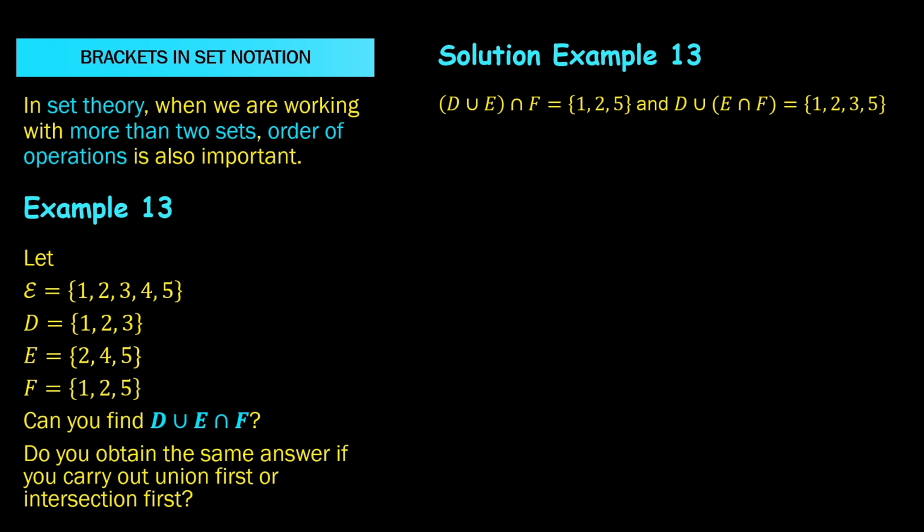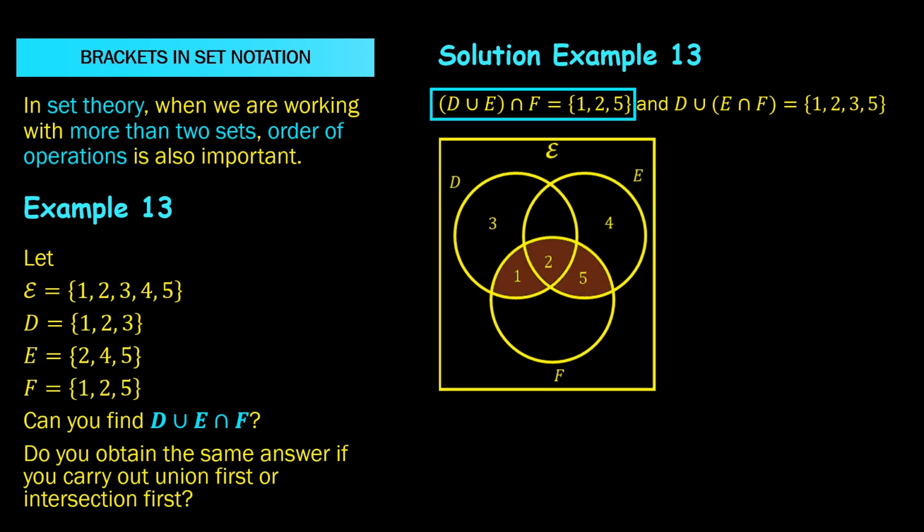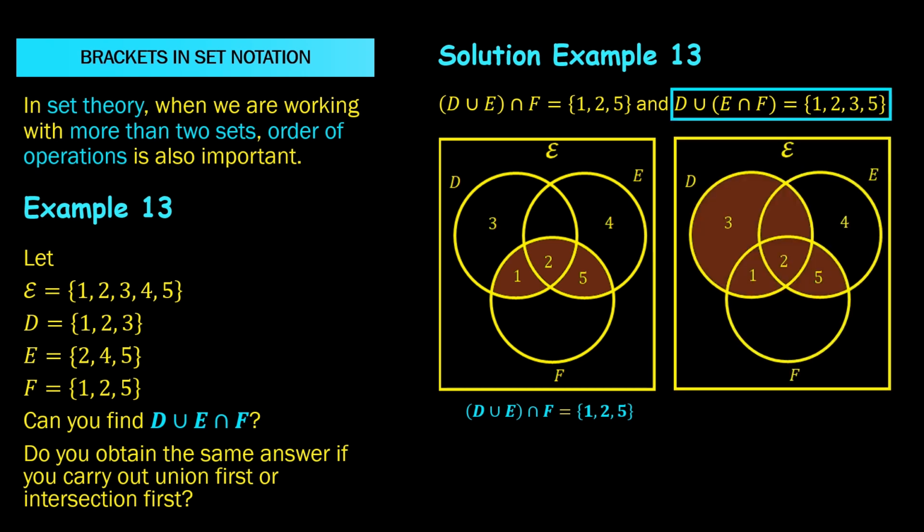First, let's consider D union E, then intersect F. This is our Venn diagram, and this shaded region represents {1, 2, 5}, or (D union E) intersected with F. The result on the right-hand side, in other words D union (E intersect F), is represented by the shaded region in the diagram on the right.